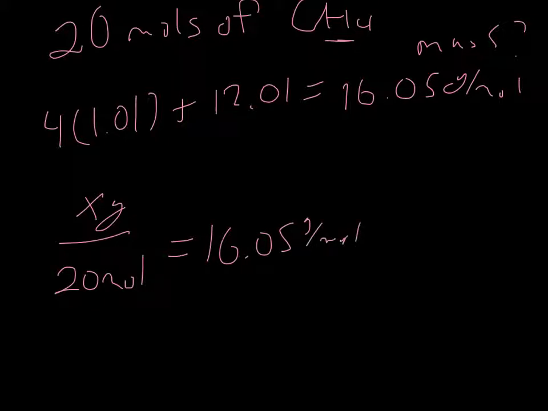This one is pretty easy. You just multiply by 20 on each side to get 321 grams of methane. So a lot of atoms, not a lot of mass, and that's because methane is a gas.